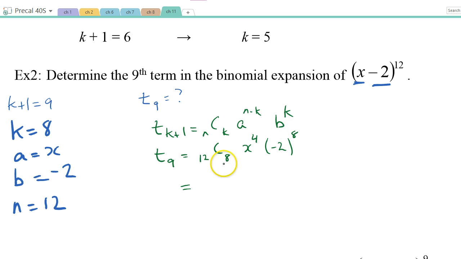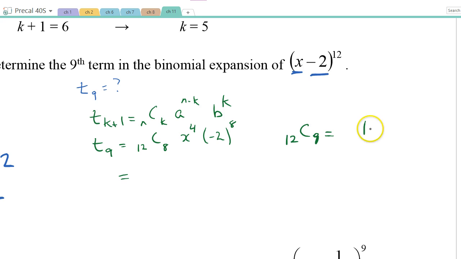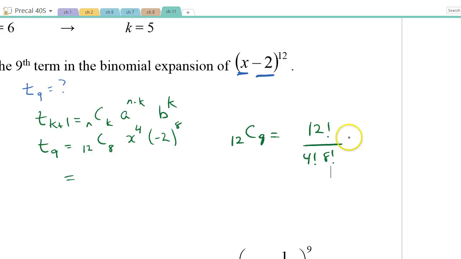Alright, so figuring out this 12c8, that's equal to 12 factorial divided by the difference of those, which is 4 factorial, 8 factorial. Let's pretend it was a non-calculator question. I could go 12 times 11 times 10 times 9 times 8 factorial all over 4 times 3 times 2 times 8 factorial.